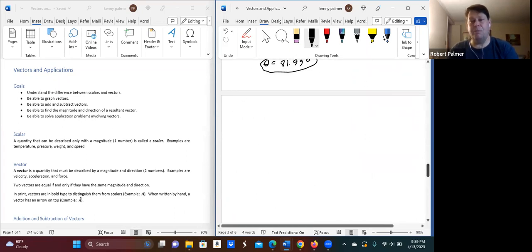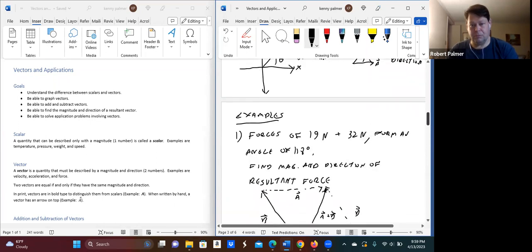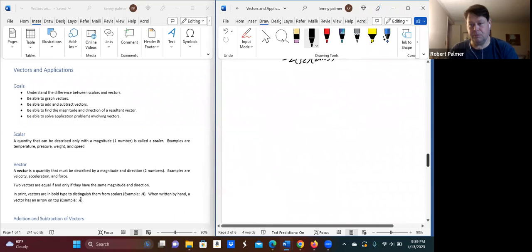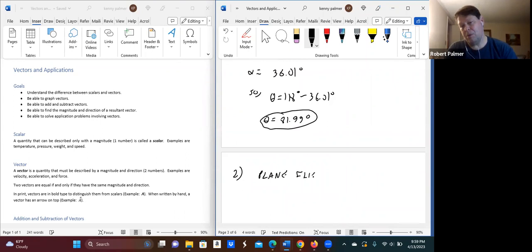Okay, let's take a look at one more example. Number 2. This is something that happens in real life. So imagine an airplane flies, let's make it simple, due north at 100 miles per hour.